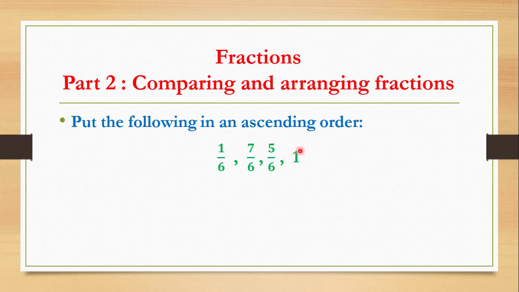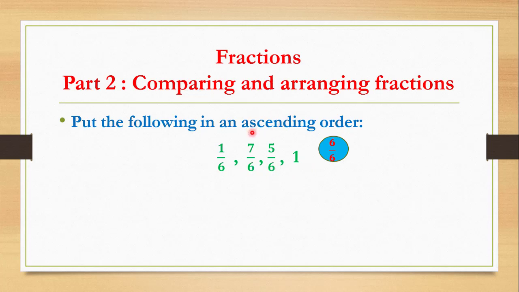So I want one also to be a fraction with the number down or the bottom number is 6. So I write one as 6/6. Okay? So we have now 1/6, 7/6, 5 over 6 and 6 over 6. We can arrange now. Arrange as usual.